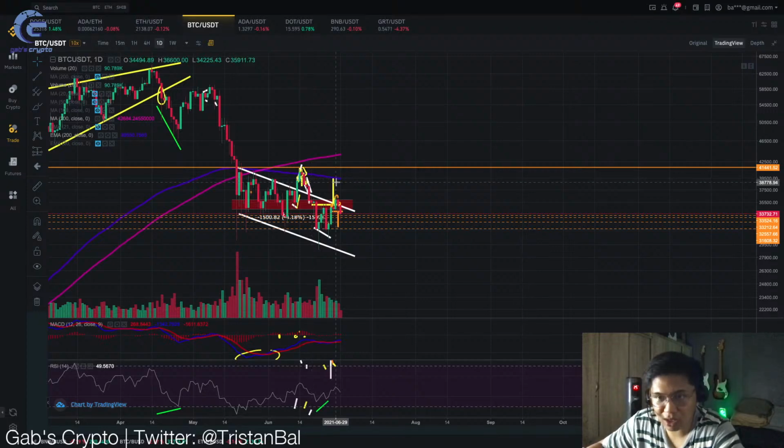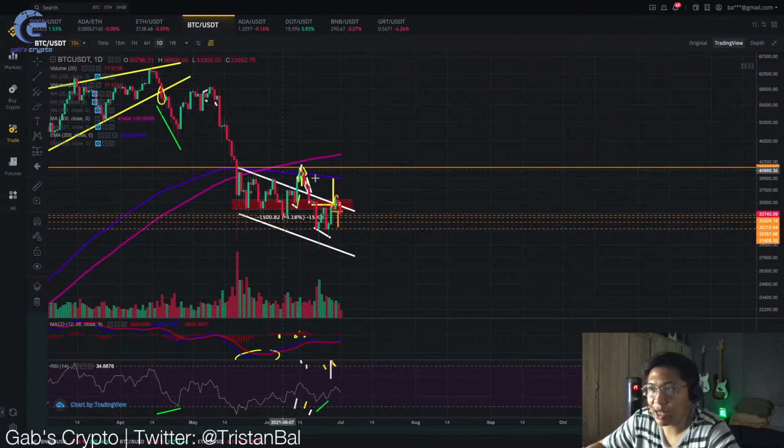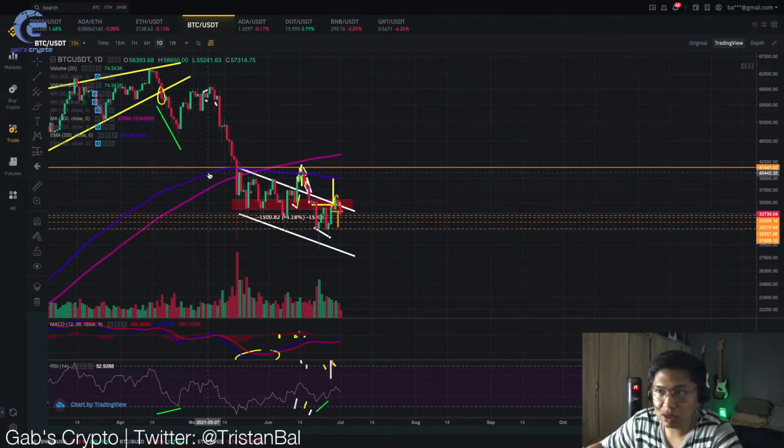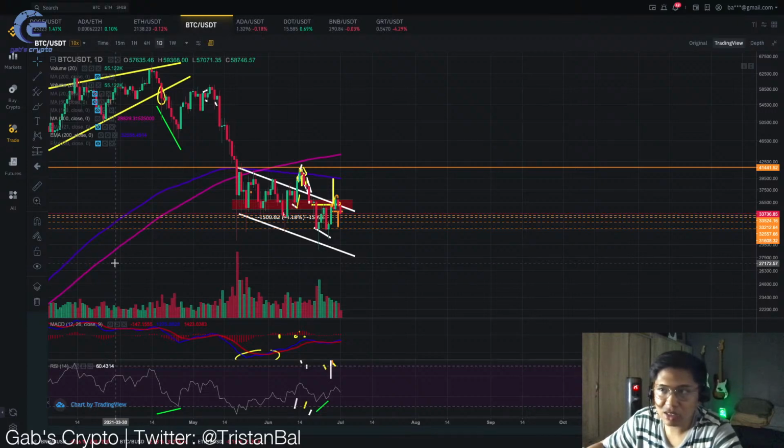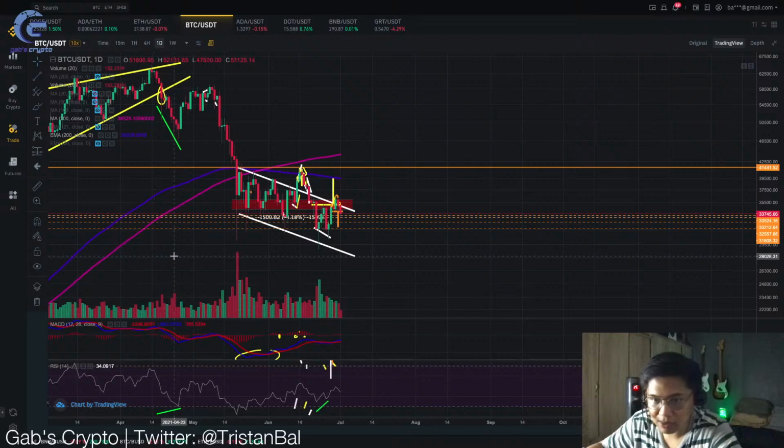That's why some say the 20 EMA is more accurate, because it takes the latest action into consideration, unlike the MA, which considers the overall. That's the difference. EMA leans more on the latest action, while MA leans more on the overall action.